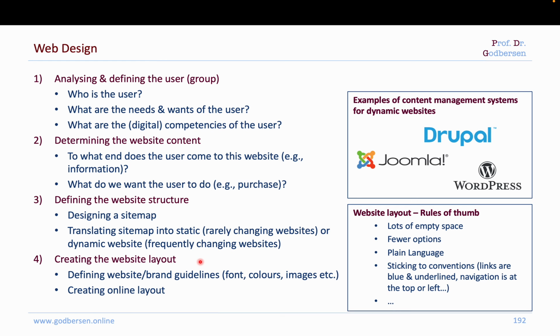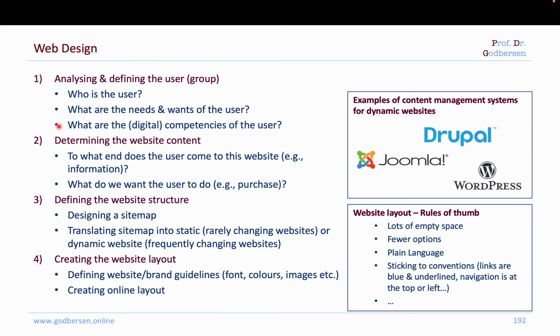What you should do when designing a website, you should first and foremost analyze and define the users of your website, and you should understand them. That means, who is my user? What are the needs and wants of the user when they're coming to a website? And what are the digital competencies of my users?